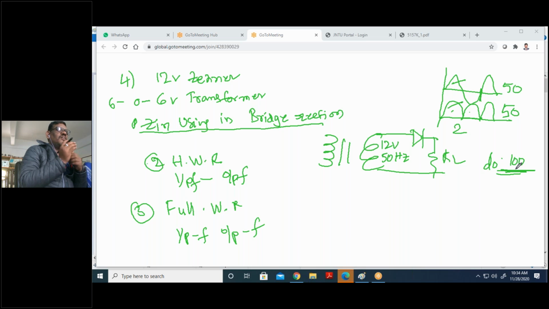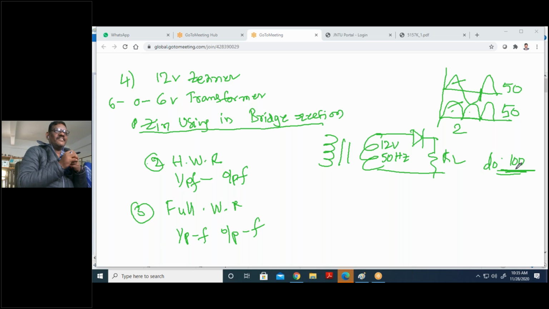We wanted to learn, refer a lot of books. Nowadays all books are available online. This is only the first unit. See, total 3 units. First, complete diode. Second, transistor.